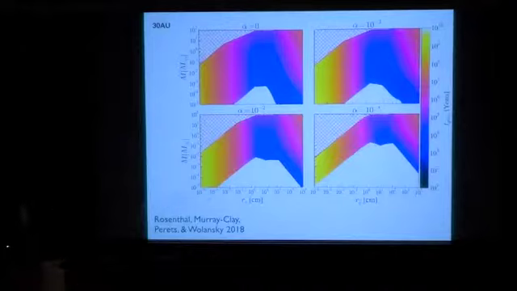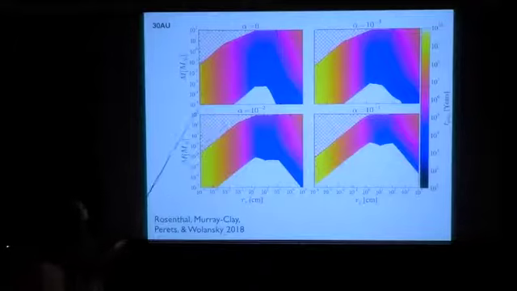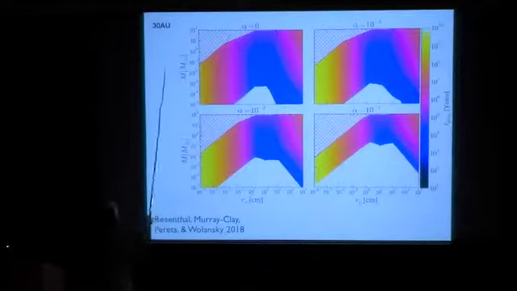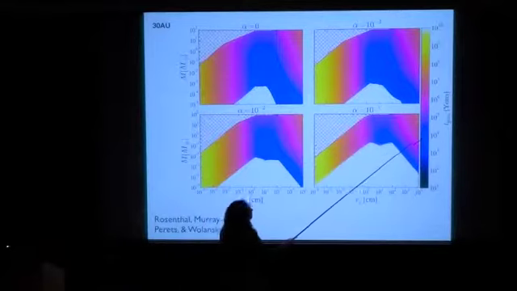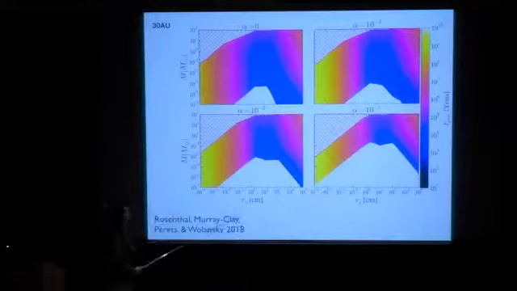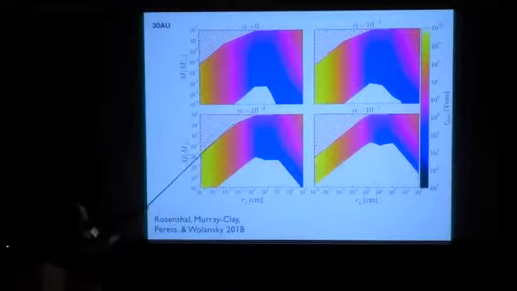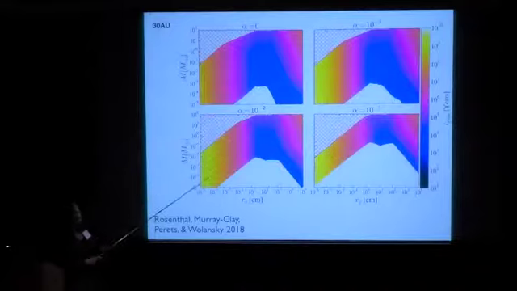So without going into all of the gory details, and there are many, I have to say, in this theory, here's an example of this happening at different levels of turbulence. So here, blue means that the growth time is really small, so you can grow really well. This is particle size. This is core mass. And I'm just going to focus on this one here. This is turbulent alpha of 10 to the minus 2.